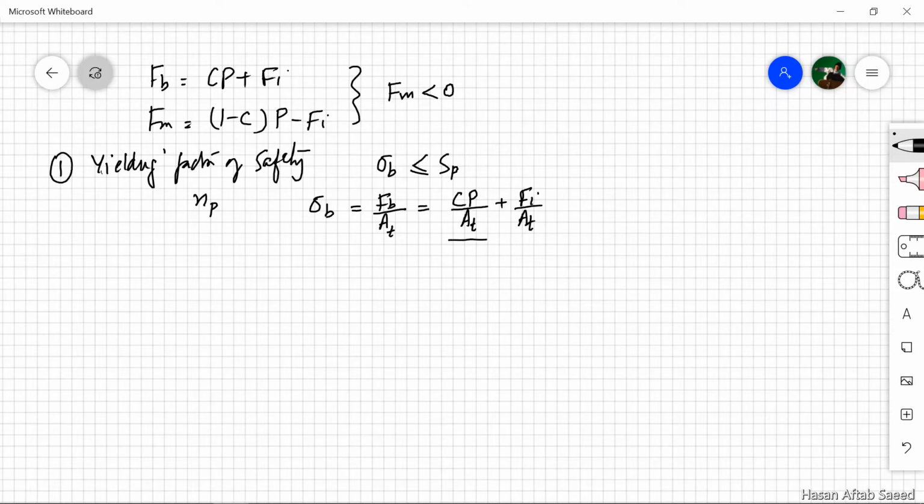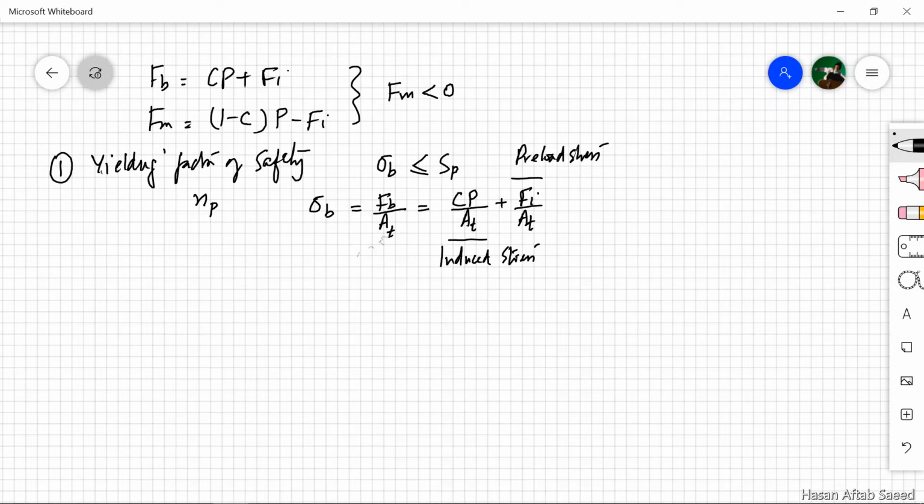This part is called the induced stress, and this part is called preload stress. Now these are self-explanatory. Now you have to make sure that this sigma B doesn't exceed SP.